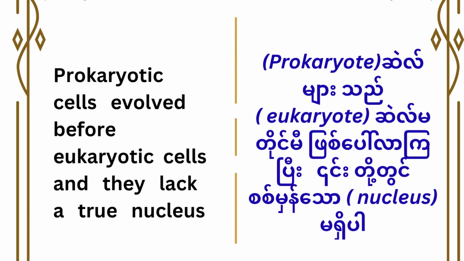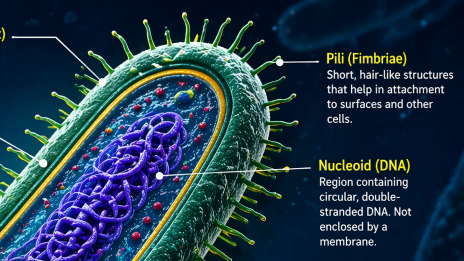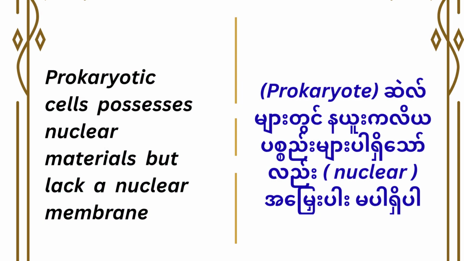Prokaryotic cells evolved before eukaryotic cells and they lack a true nucleus. Prokaryotic cells possess nuclear material but lack a nuclear membrane.